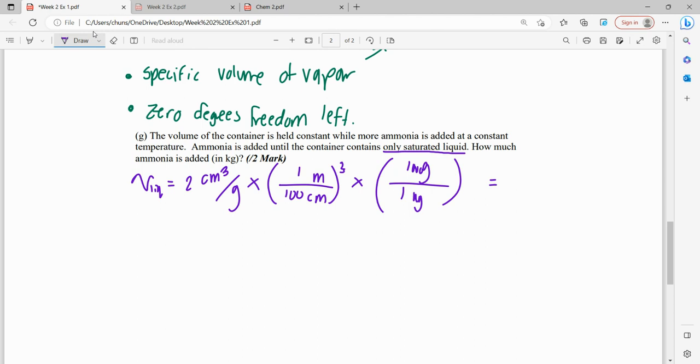So this is going to be 0.002 meters cubed per kilogram.